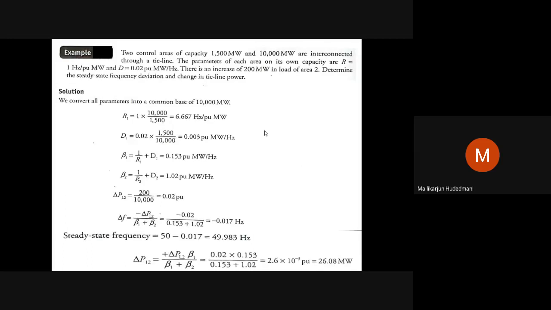Two control areas of capacity 1500 megawatt and 10,000 megawatt are interconnected through a tie line. The parameters of each area on its own capacity are the droop R equal to 1 hertz per pu megawatt and D equal to 0.02 pu megawatt per hertz.